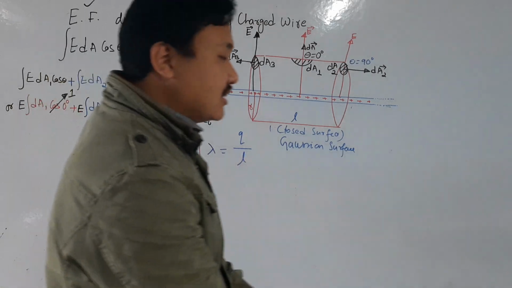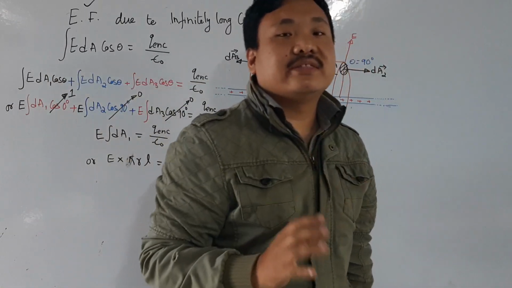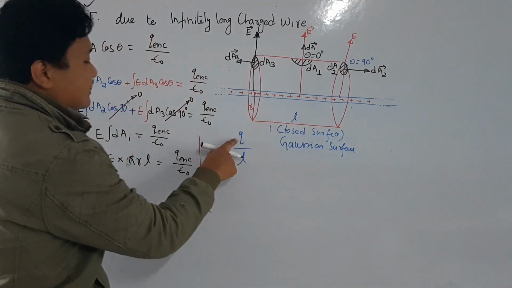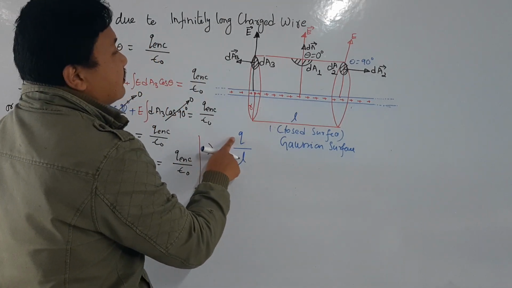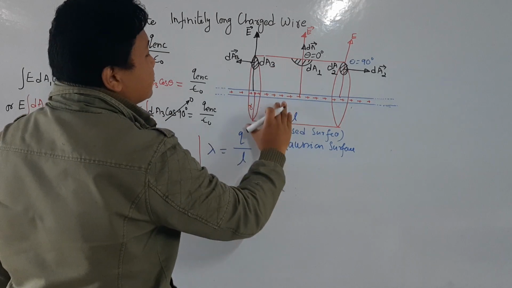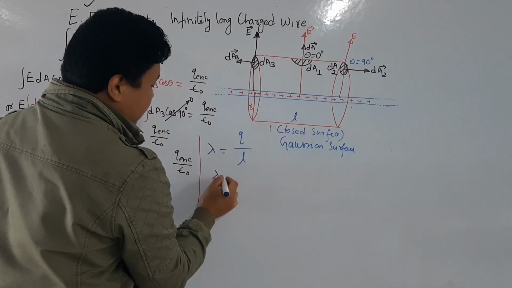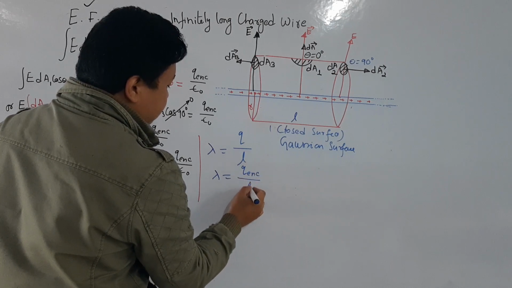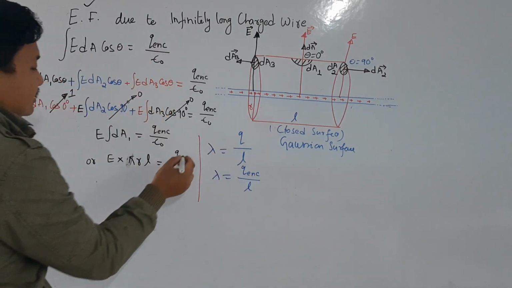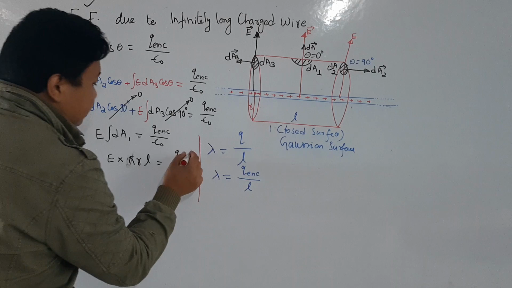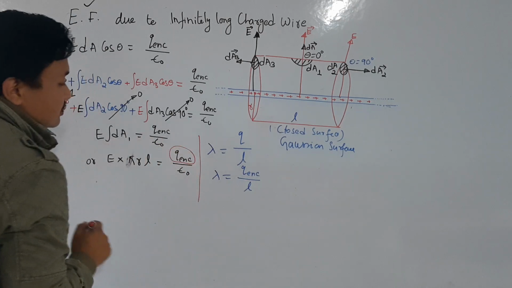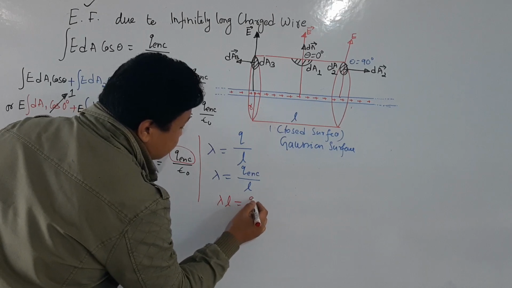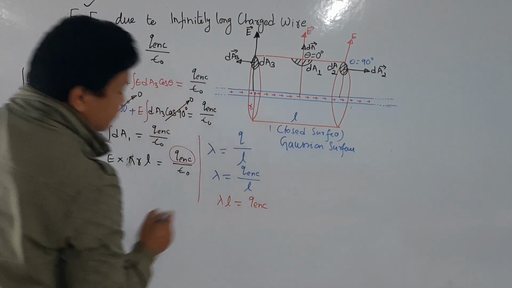Everybody knows this: charge divided by length is linear charge density. Which charge is this? This is the charge which is enclosed by this surface. So lambda will become Q enclosed by L, and from this I get lambda L is equal to Q enclosed.